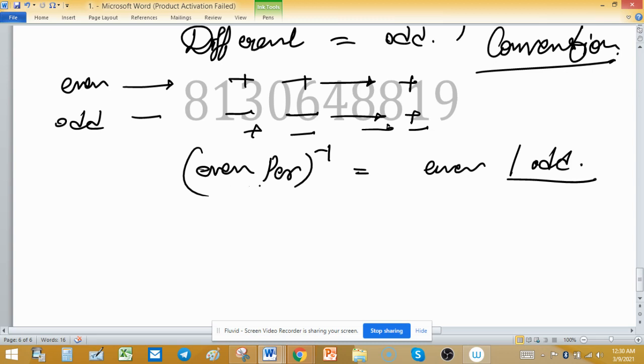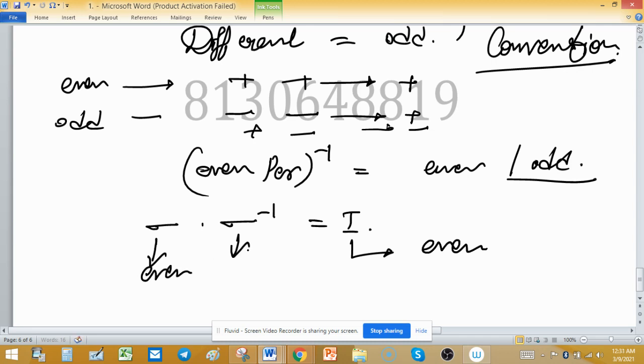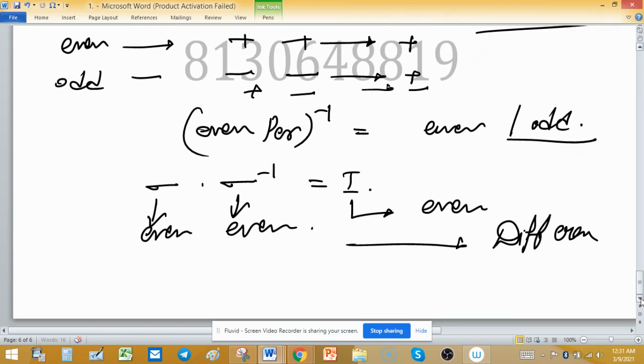If sigma is an even permutation, then sigma times its inverse gives you the identity, and we know that identity is even. So the inverse must also be even. Otherwise the relation will not hold. This type of question is asked in some exams.